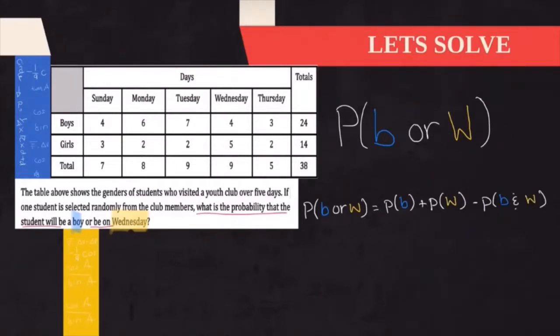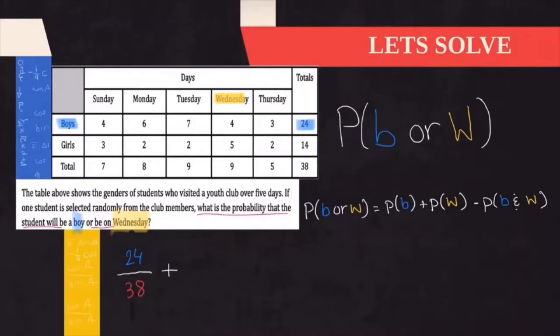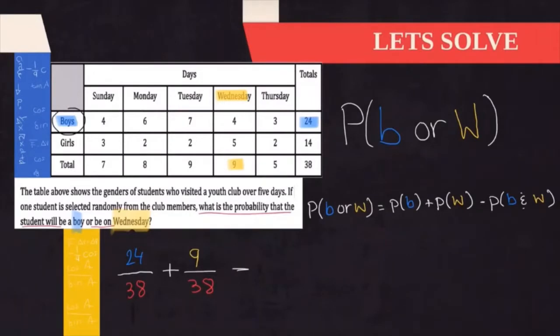The probability of the boys is the total of 24 over the total number of students in the youth club, plus the probability of Wednesday is the total students who attended on Wednesday, 9 students, over the total of 38 students, minus the probability of boys and Wednesday is the total of boys who attended on Wednesday, 4 boys, over the total of 38 students.